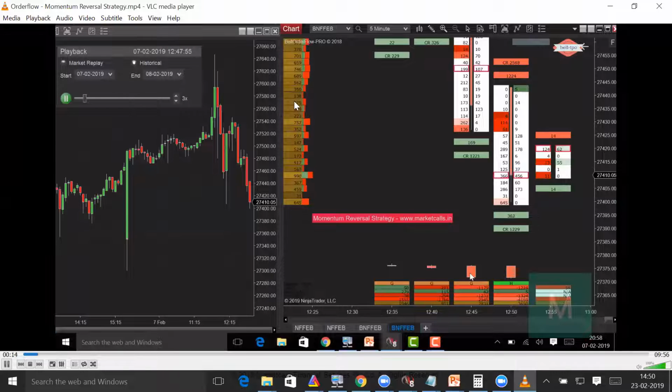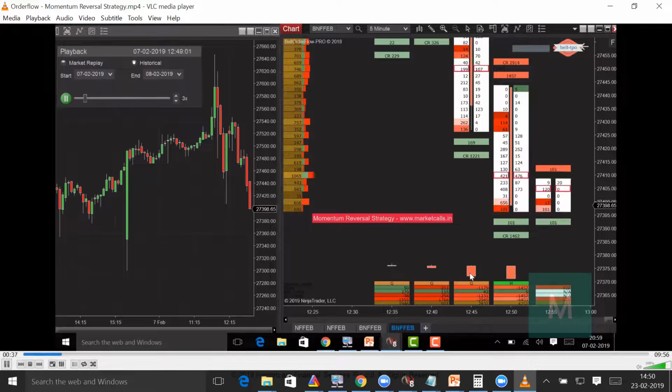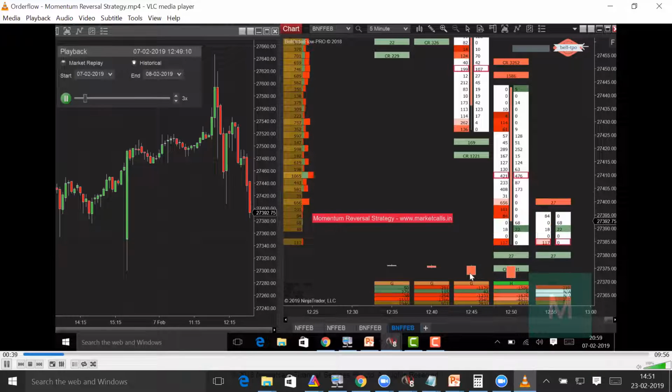You see that the candles are getting volatile and a bigger range is coming in. The price is falling a bit faster. I think it's a 10 minute chart here. It is almost nearing the previous day low.